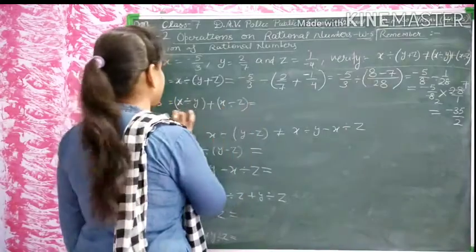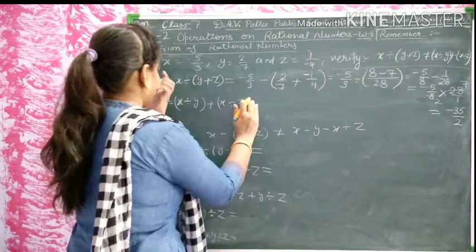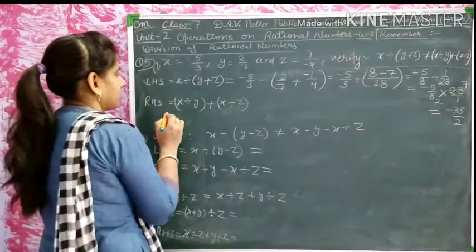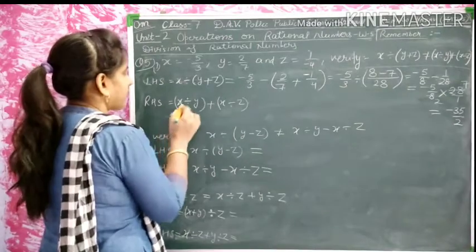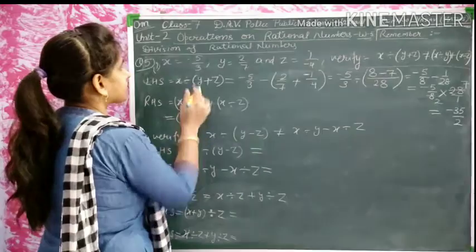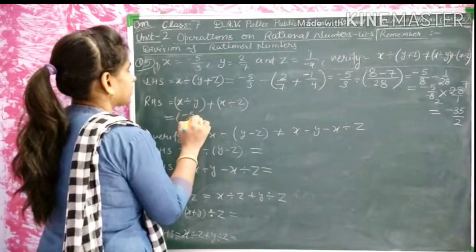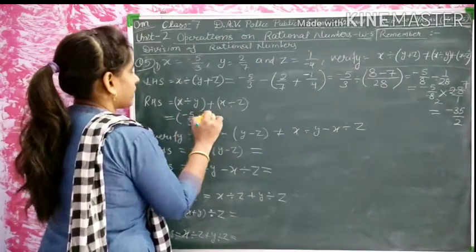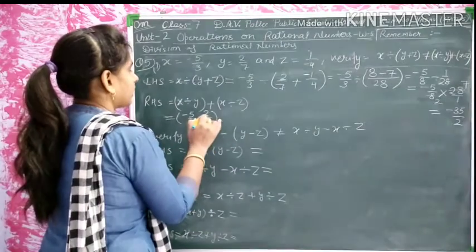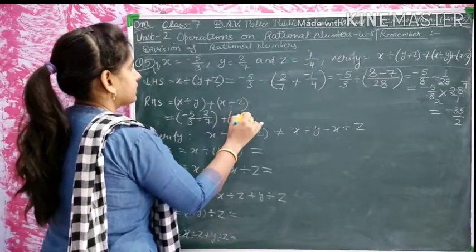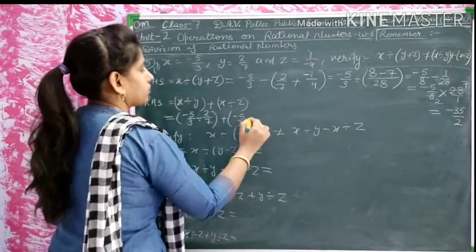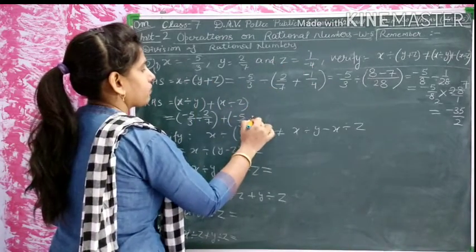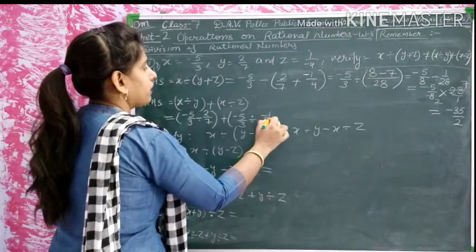Now we have to solve the RHS side, and this is equal to x divided by y, x is minus 5 by 3 divided by y, which is 2 by 7, and plus x, minus 5 by 3, divided by z, which is minus 1 by 4.